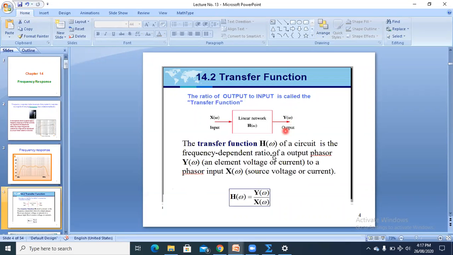So the frequency response is the ratio of the output voltage to the input voltage, or the ratio of the output current to the input current, or it may be the power dissipated across the load to the power delivered to the load.